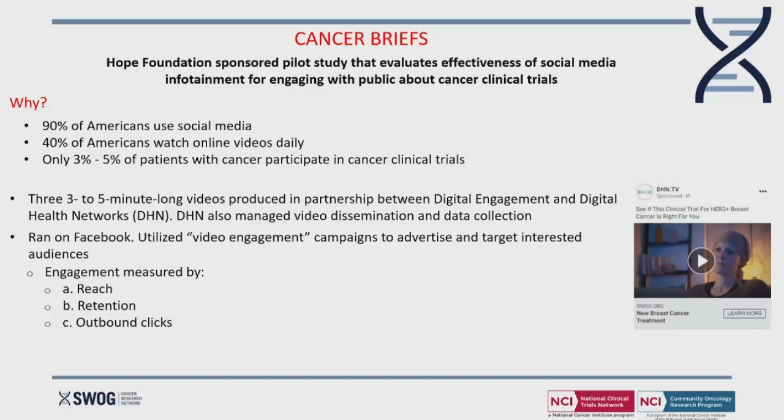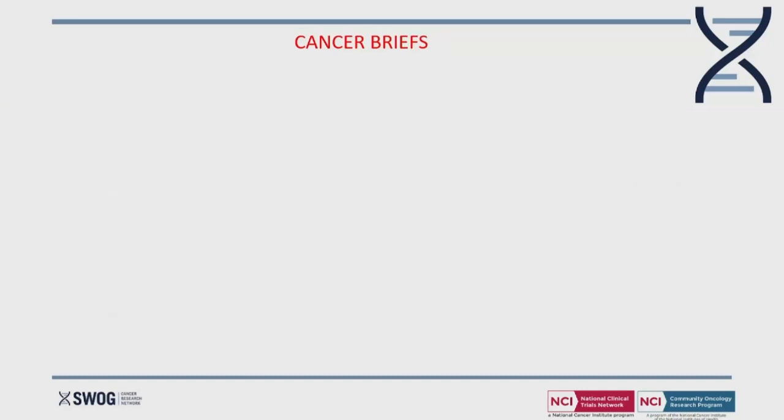And outbound clicks. Outbound clicks on the ad, on the bottom right as you can see, where it says learn more. If someone clicked on that, it sent them to a Hope Foundation or a SWOG website that we had the numbers on 1 month before, during the campaign, and 1 month after, so we could actually see what that change was.